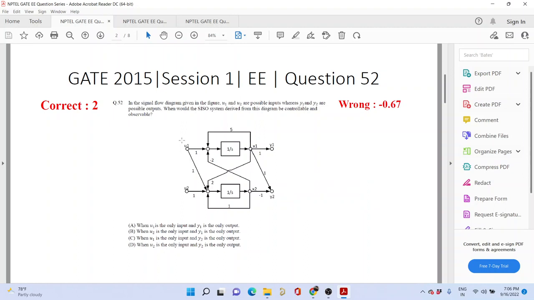You have two choices for inputs, U1 and U2, and two choices for outputs, Y1 and Y2. I will give you 3 minutes to try the sum, and then I will see which one is correct.